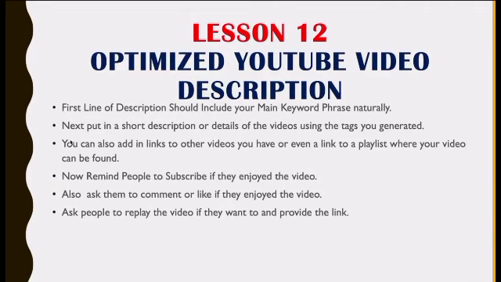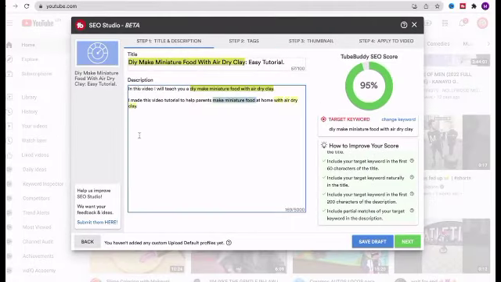Now you can also add links to other videos you have, or even link to a playlist where your video can be found. So over here we can say, if you enjoyed this video, you can watch this playlist on mini DIY miniature foods.